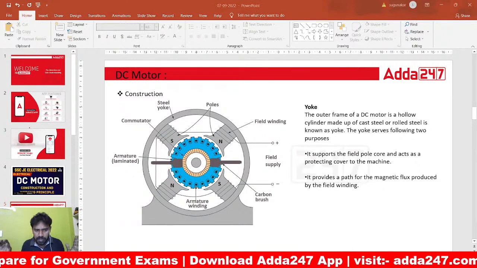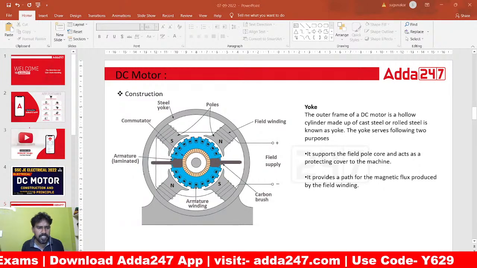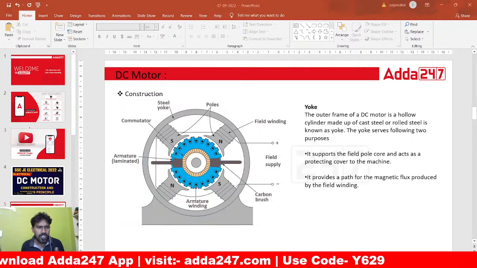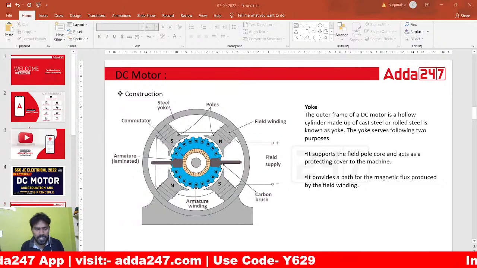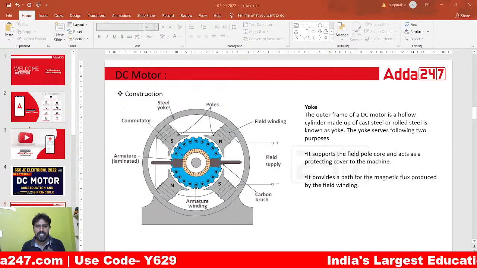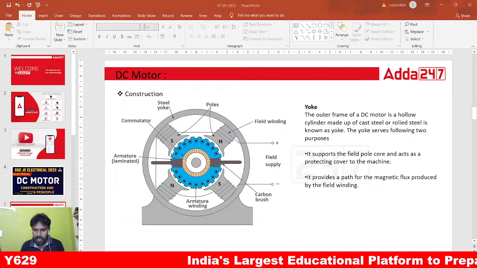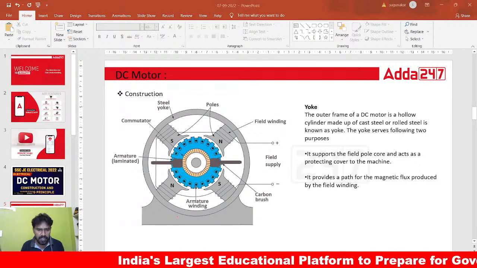For wave winding, the number of parallel paths does not depend on the number of poles in DC machines. Wave winding is independent of the poles, but a lap winding always depends on the number of poles. Definitely they will ask questions regarding lap and wave winding.